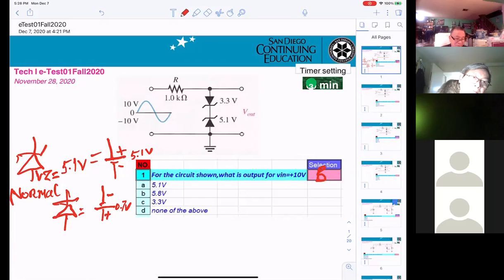So when you're working with the Zener, you have to know whether it will be normal or in breakdown.